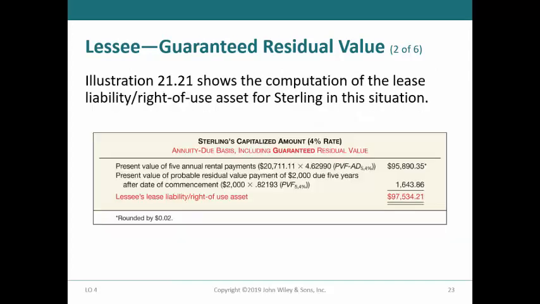The present value of the $2,000 for 5 years at 4% is $1,643.86. Sterling would add this amount to the present value of the 5 rental payments of $95,890.35 to get a total of $97,534.21 for the right of use asset and the lease liability.